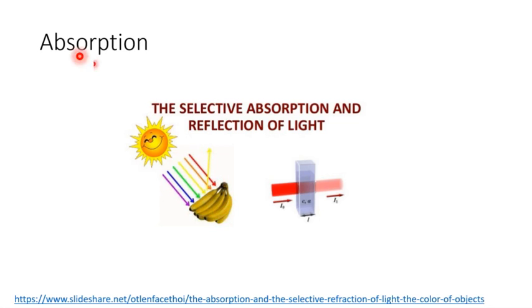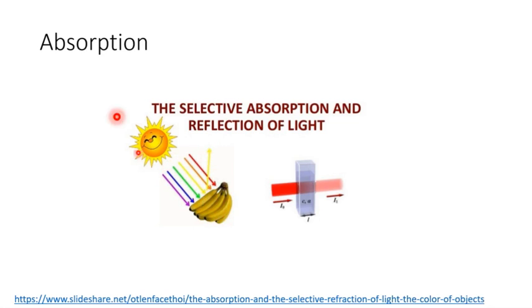So in this type of polarization, you see it has different color wavelengths, but the light produced by this body, your banana, is only yellow in color. So you are converting your unpolarized light to polarized light.